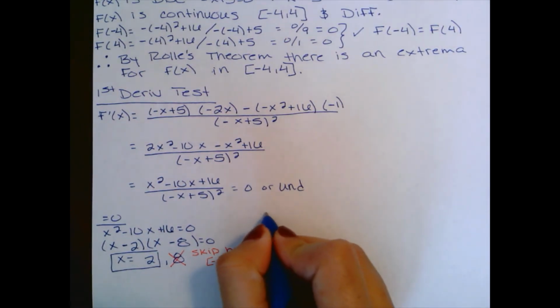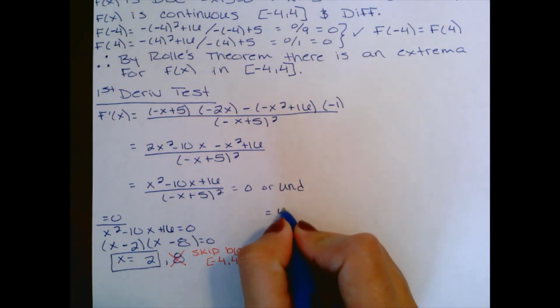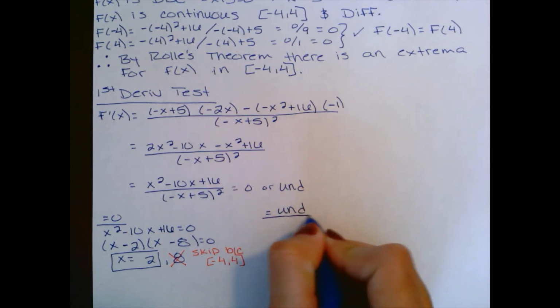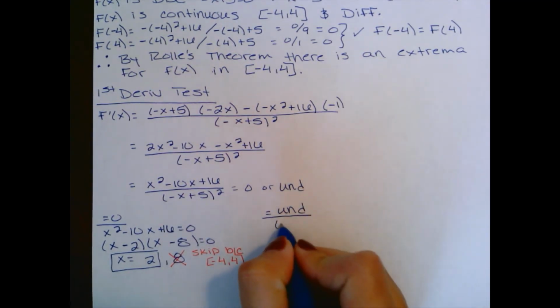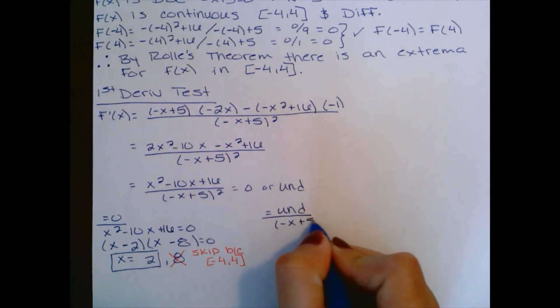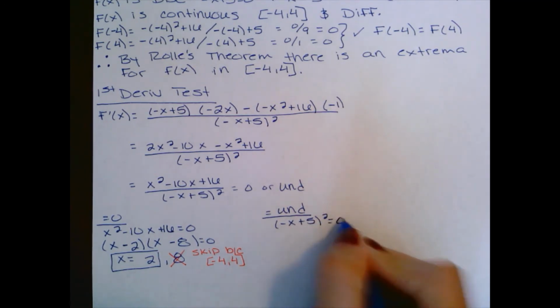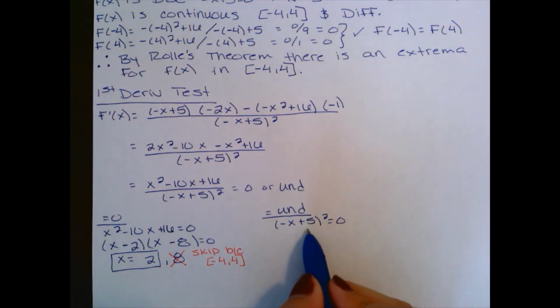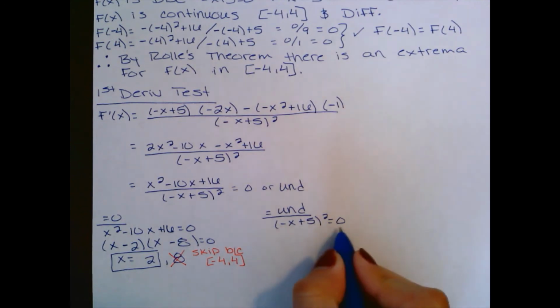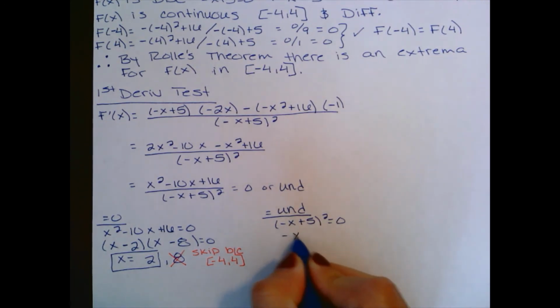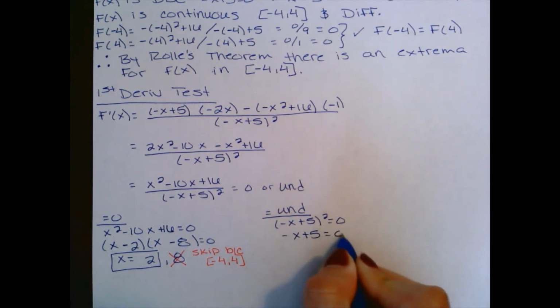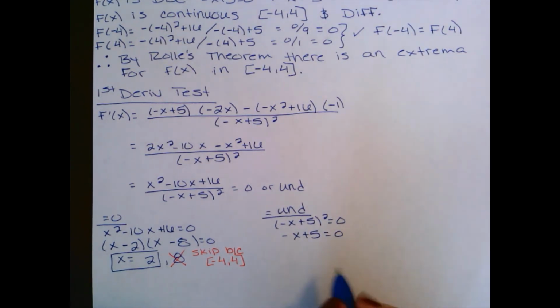Okay. Now, being undefined is when the denominator equals 0. So I'm going to square root both sides to get rid of this squared. Square root of 0 is still 0. And then I could move that x over, and then I have x equals 5.